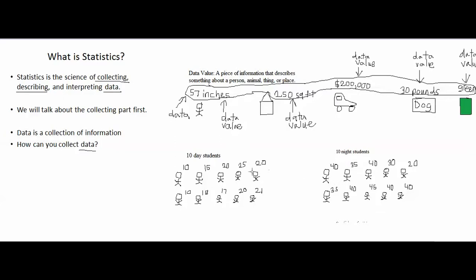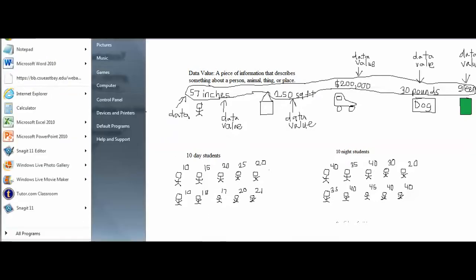One thing I could do is calculate the average of these 10 students, and also calculate the average of these 10 students. Then the person who is looking at my data can just look at the average of this group of people and look at the average of this group of people and look at the difference between the two averages. So let's actually see what the averages come out to.